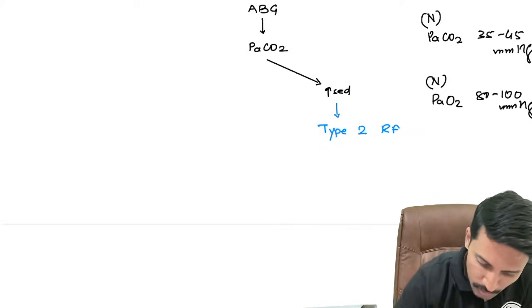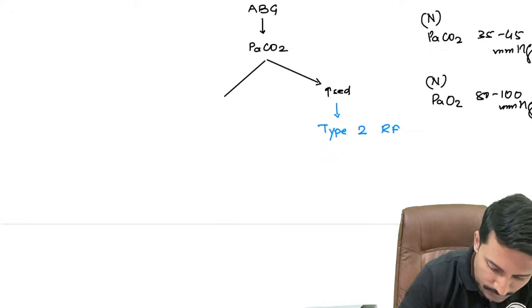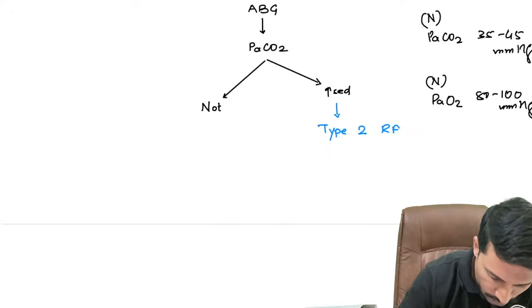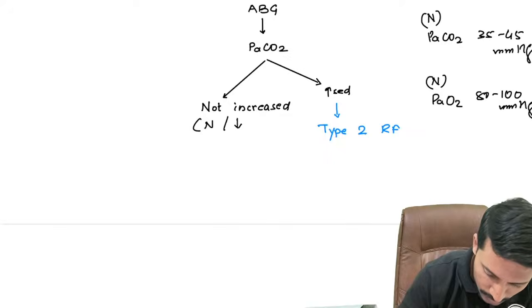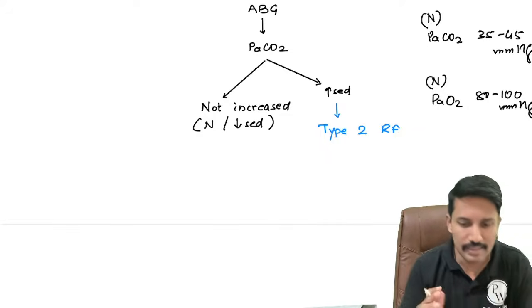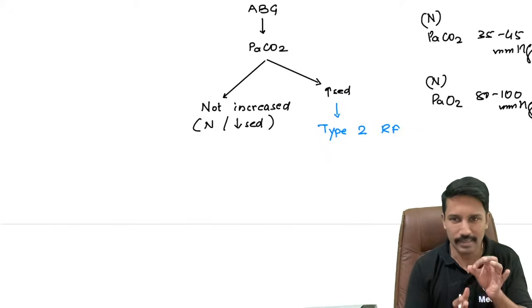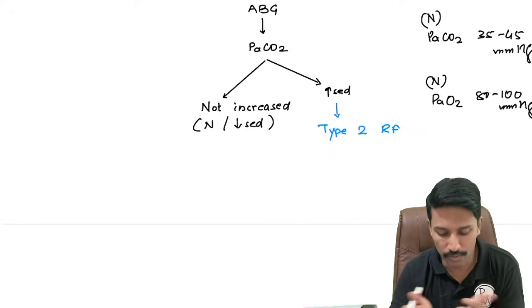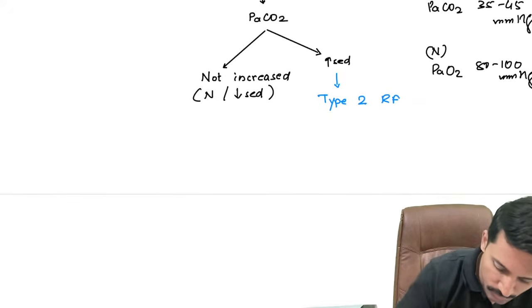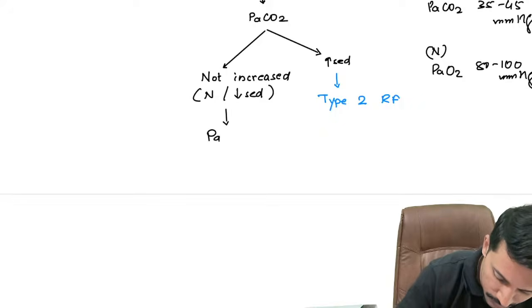But if the partial pressure of carbon dioxide is not increased, meaning it is either normal or maybe even decreased, then I can say this is not type 2. That does not mean the patient is having type 1. The patient may be normal also, right? So what I should do next is look at the partial pressure of oxygen.